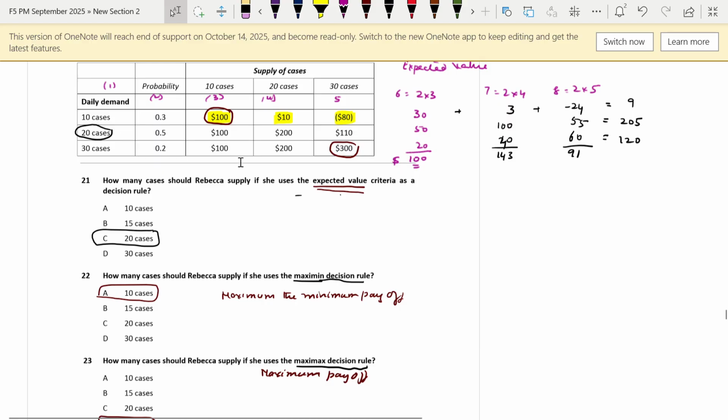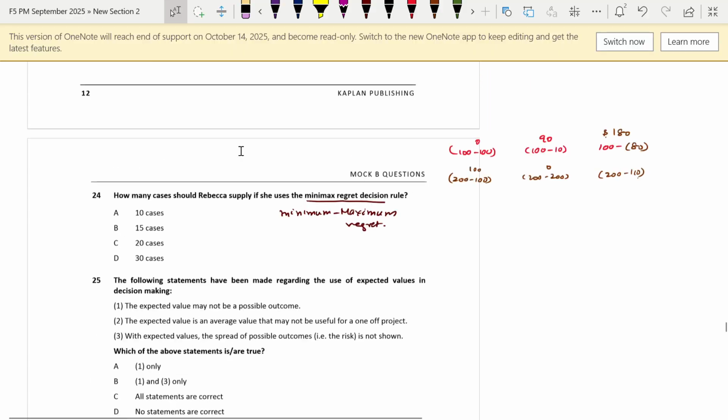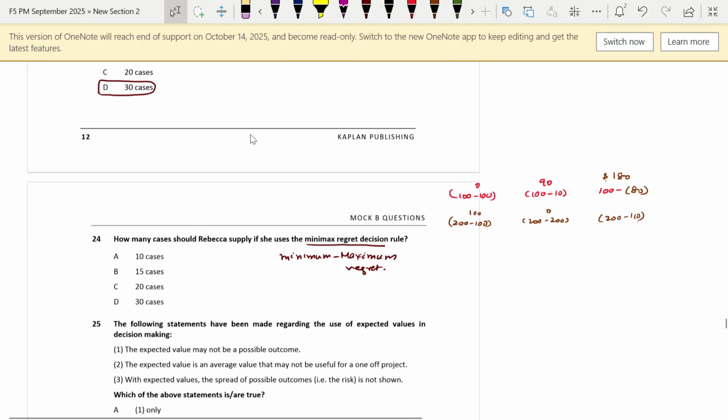30 cases. 30 into 10, 300. 300 minus 100, 300 minus 200, 300 minus 300.